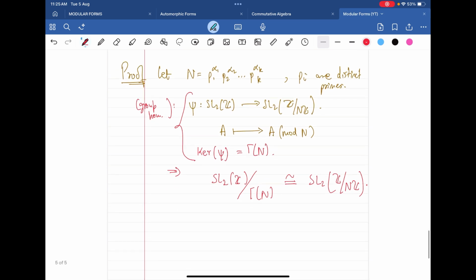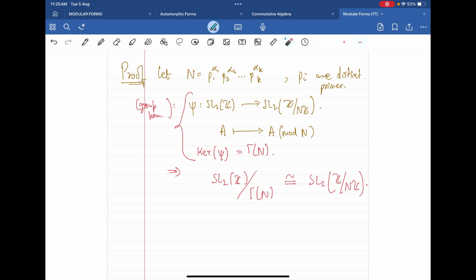Now everything is clear up to this far. We saw this result earlier also, and we concluded that with this part being finite, the index of gamma n in SL2Z is finite.